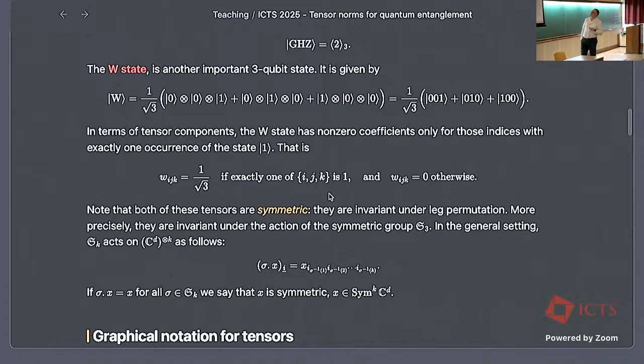This is the case here: if you permute these three indices, you will get the same tensor, and the same for GHZ. Of course, you also have the anti-symmetric ones, where under this action you get (-1) to the power of the sign of the permutation sigma. You have the same story.